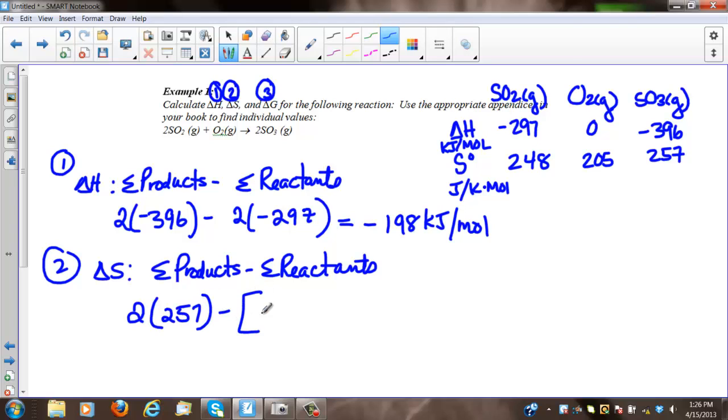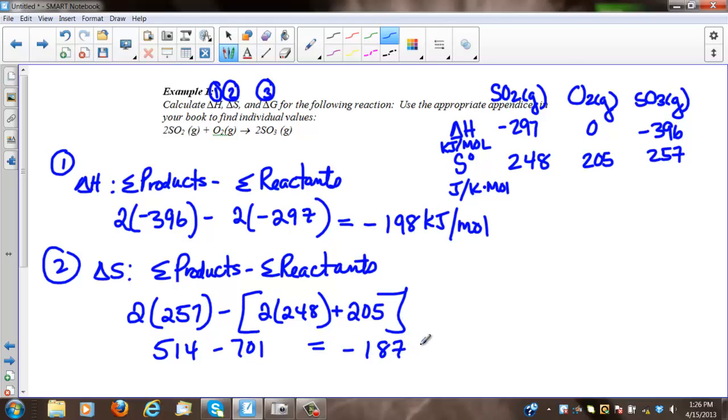And that's going to be minus the sum of the reactants, in which we do have an oxygen at 205, and we have 2 SO2s at 248. So we've got 2 times 248 plus 205. When we do this math, we get 514 minus 701, which is going to give us negative 187 joules per Kelvin dot mole.